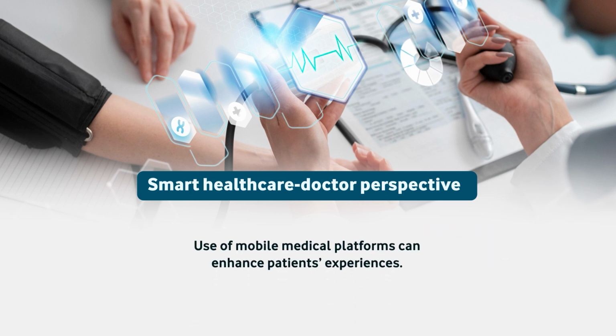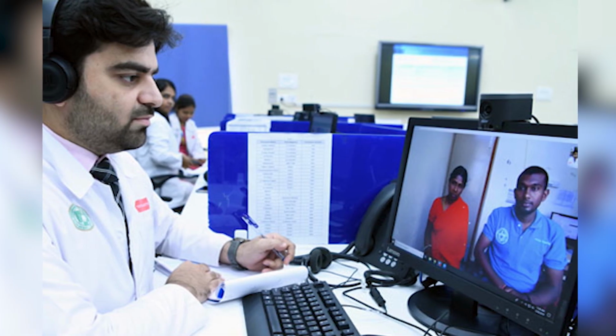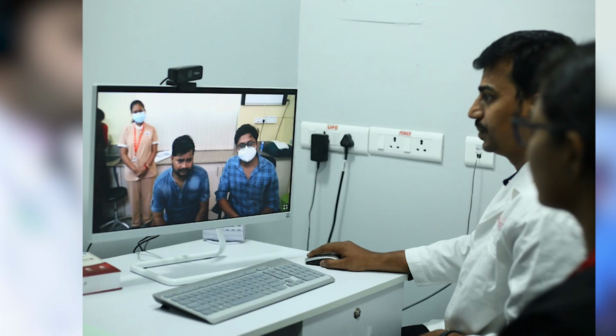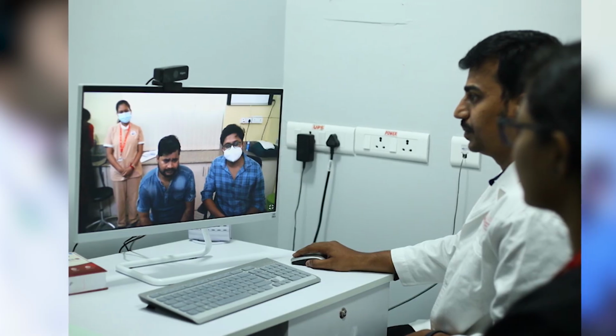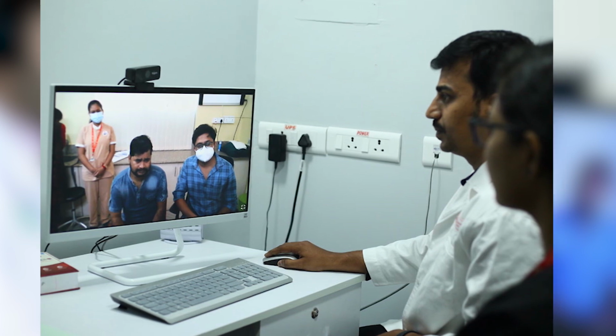Use of mobile medical platform that enhance the patient experiences, because patient get immediate consultation. They do not miss out the follow-ups or the medicines. Compliance to the treatment is good and the patient health improves. So their experiences are enhanced and their satisfaction increases.